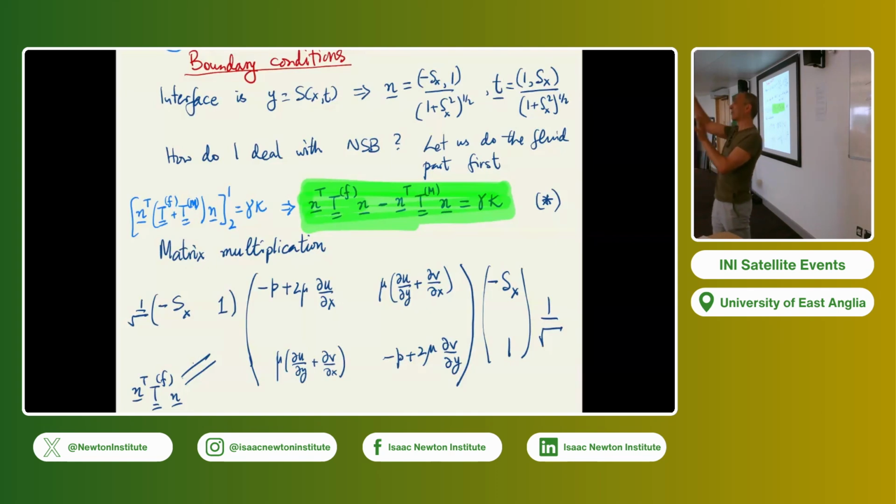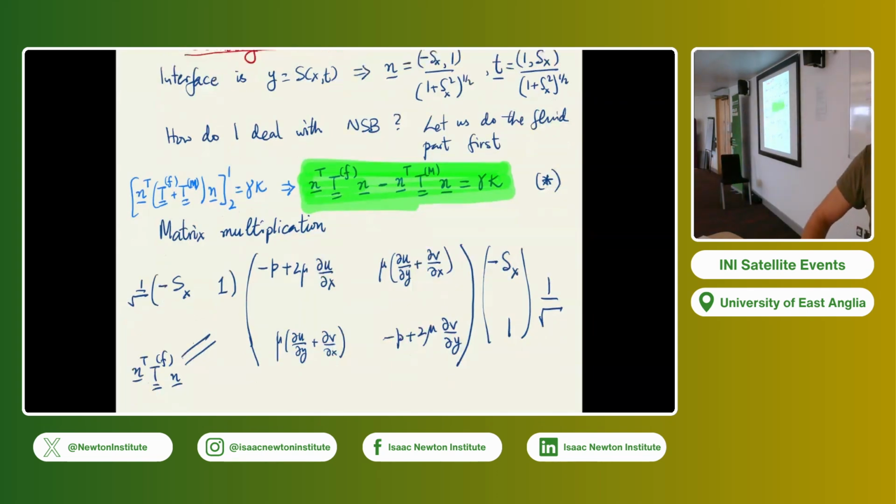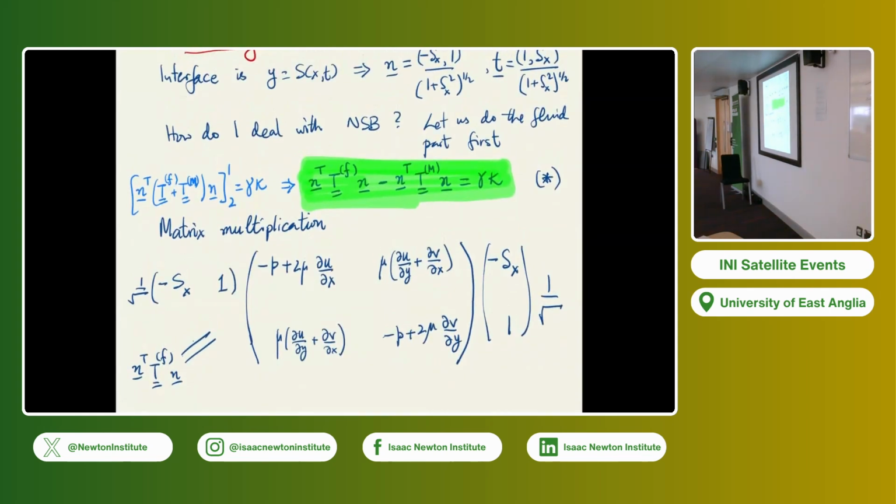If you have another liquid there, things become much more complicated, and we'll see that later. So I need to work this out, so it's just a matter of writing down the matrix and doing the multiplication. There's no clever way around this. You just have to write it down and do it.